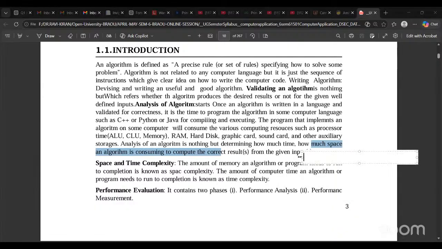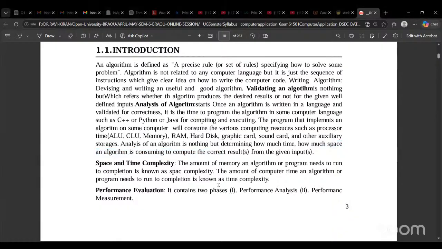Now see what exactly space and time complexity is.